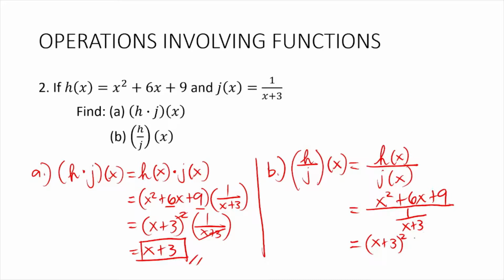So the reciprocal is x plus 3. So we multiply this by x plus 3. Okay? And then since we have factors with the same base, x plus 3 and x plus 3, what do we do? We combine them by taking the sum of the exponents. So 2 plus 1, that's 3. So we say x plus 3 cubed is the final answer.